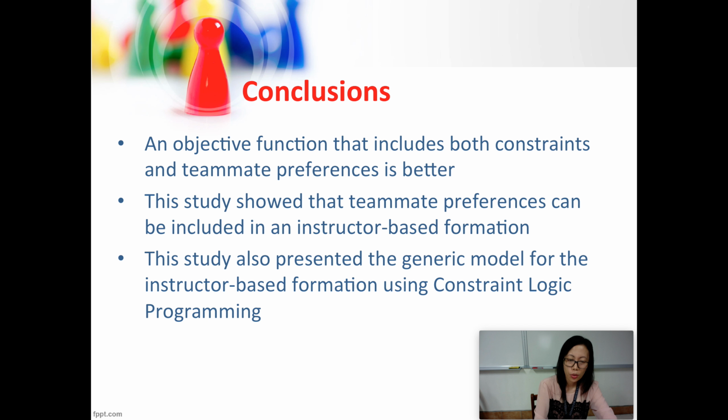Aside from showing that the student preferences can be included in an instructor-based formation, we also presented the generic model for the instructor-based formation using constraint logic programming. This can be used in, again, computer-supported group formation.